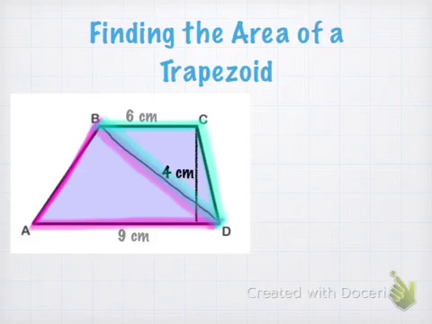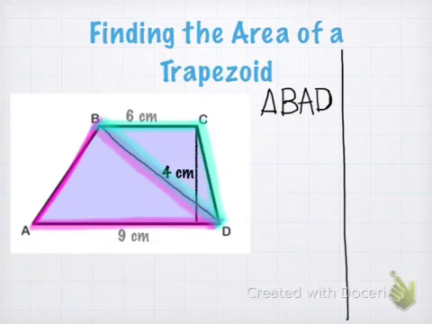So first I would like to take a look at triangle BAD. On triangle BAD, we need to find the altitude of this triangle. So here is the altitude, coming from the highest point of the triangle to the base at a 90-degree angle. And based on what we've got over here, our 4 centimeters, we can just transfer that right on over and know that this length is also going to be 4.